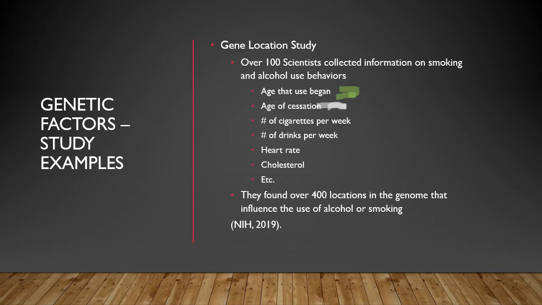As studies go on, hopefully we'll be able to learn more about how these genes in these specific locations affect the way that people use alcohol and smoke. And you can see here that both of these studies came from the National Institute of Health.